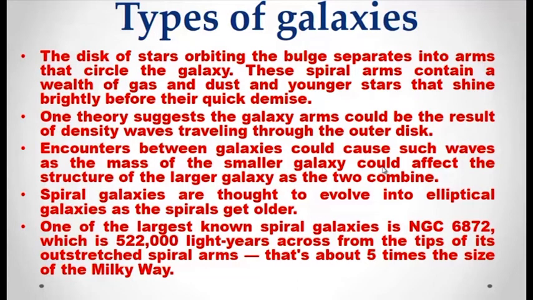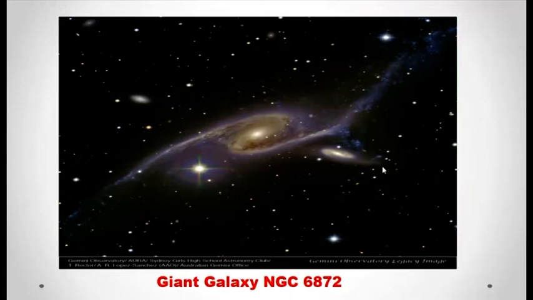That's about 5 times the size of the Milky Way galaxy. This is the largest known spiral galaxy. This is the figure of this giant NGC 6872 spiral galaxy.